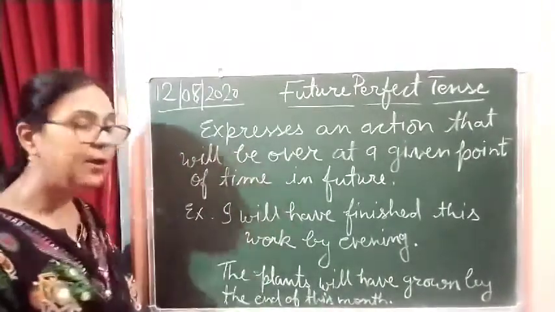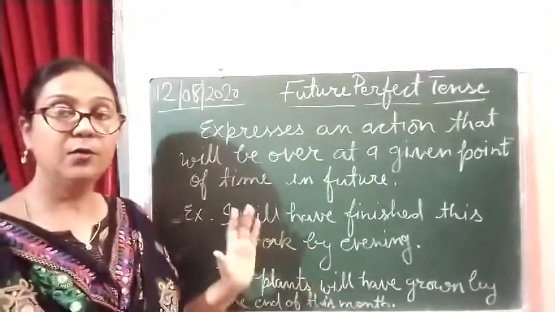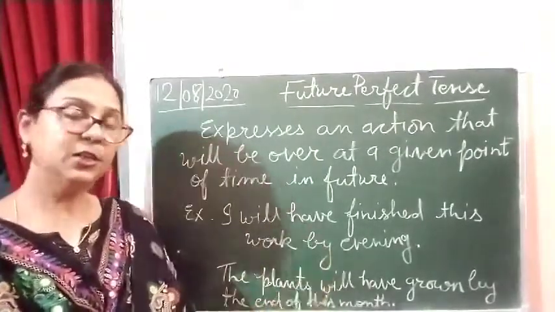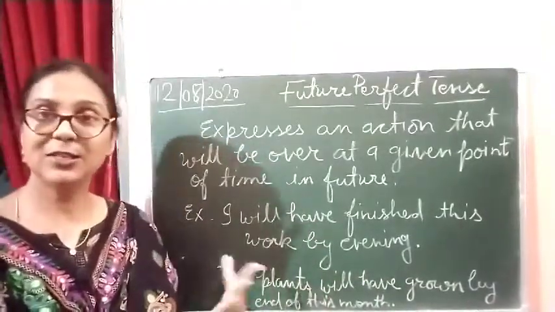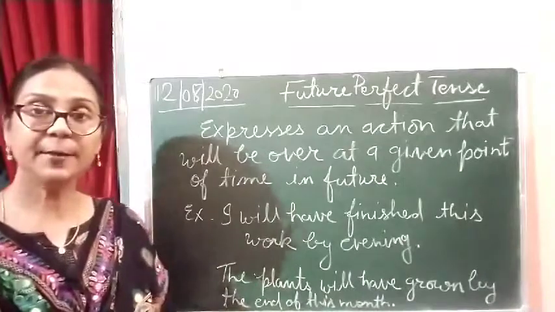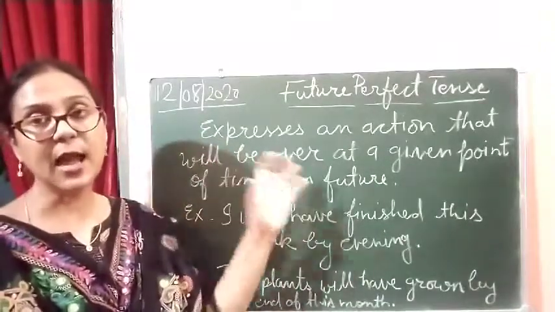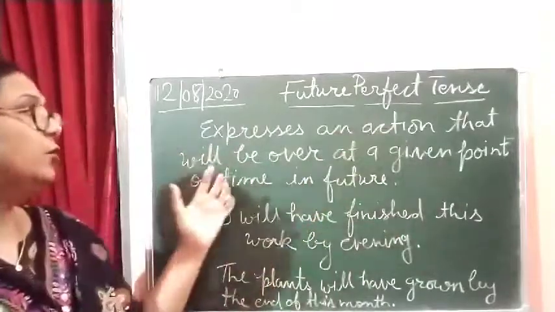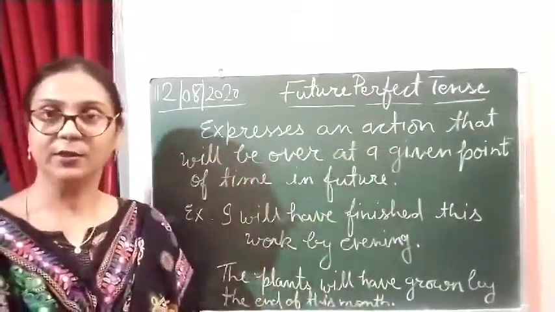By the end of this month, the time is given here. This work will be completed at a particular point of time in future. This way we can understand future perfect tense. It expresses an action that will be over at a given point of time in future.